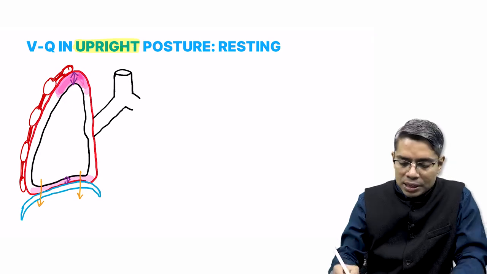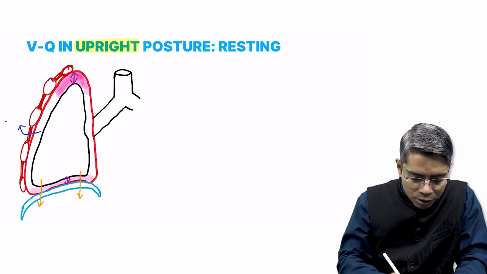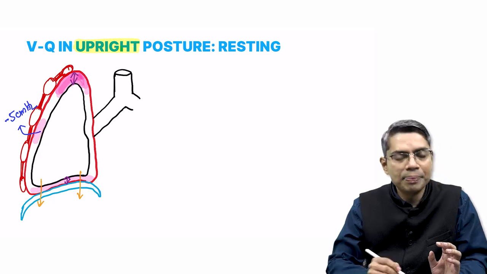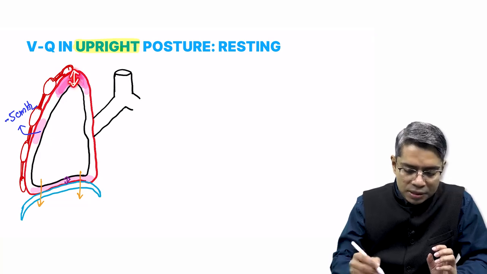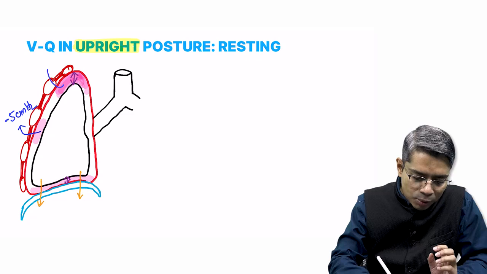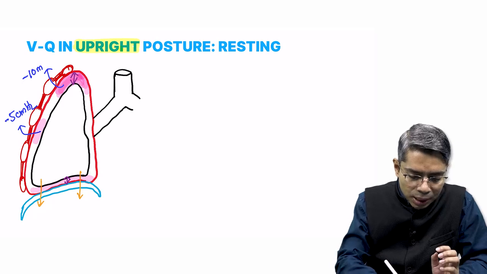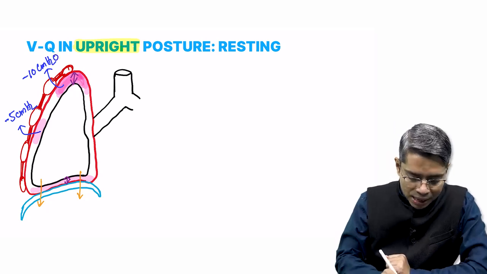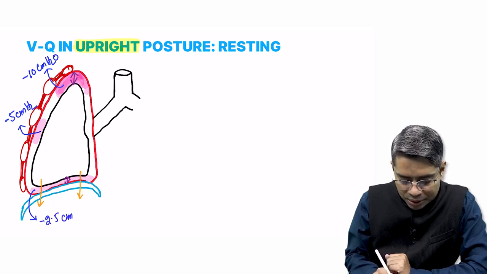Normally the interpleural pressure is minus 5 centimeter of water, at the middle part of the lung. When the person is in upright posture, because the apical interpleural space is more stretched, the interpleural pressure in the apical space will be more negative, near equal to minus 10 centimeter of water, and at the level of the base the interpleural pressure will be minus 2.5 centimeter of water.